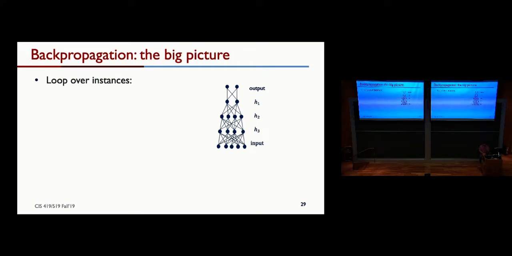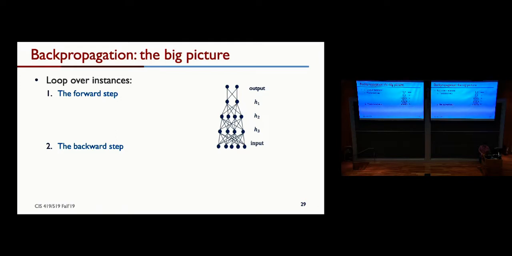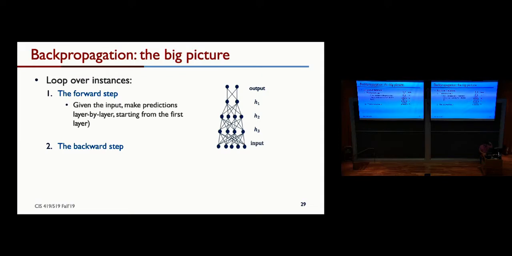On a very high level, there are 2 steps now in training. You have the forward step that does what? Compute the output. So you're going in the forward direction given an input, go through these multi-layer computations, and compute the output.